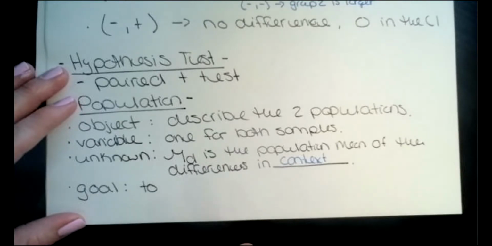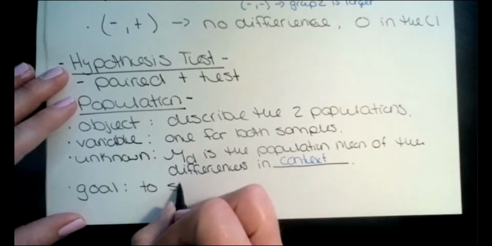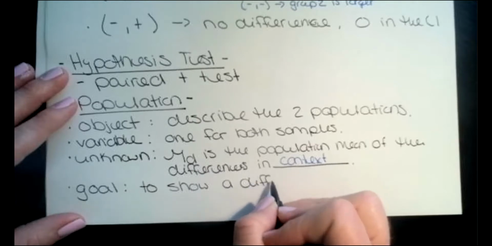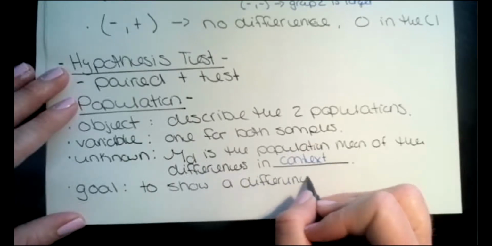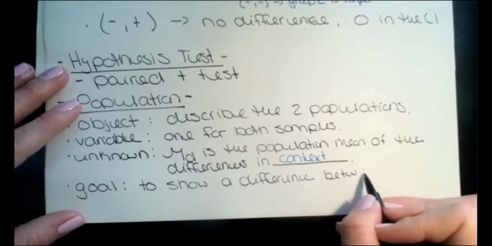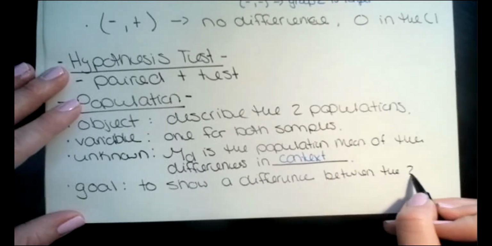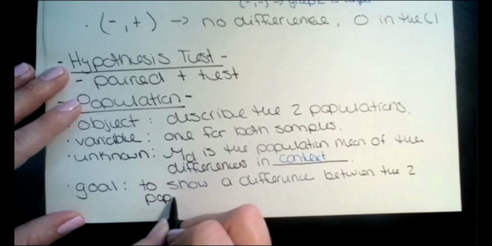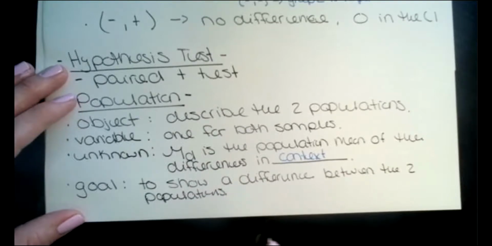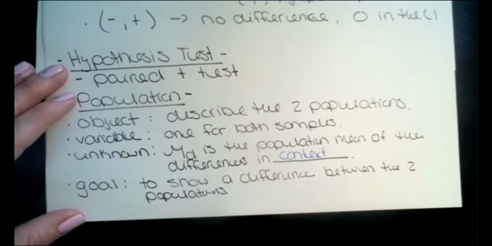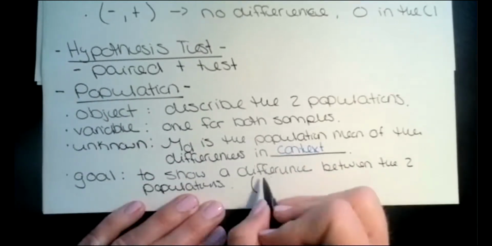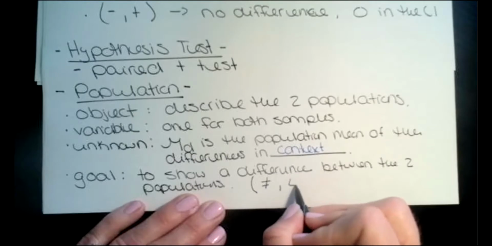So we're going to have very similar goal to last class. So we're just going to say to show a difference between the two populations. And you can get the wording right from the problem. So it might say, well, the mean of the differences is greater than or less than or not equal, right? So just know it's not always a not equal, but it could be.